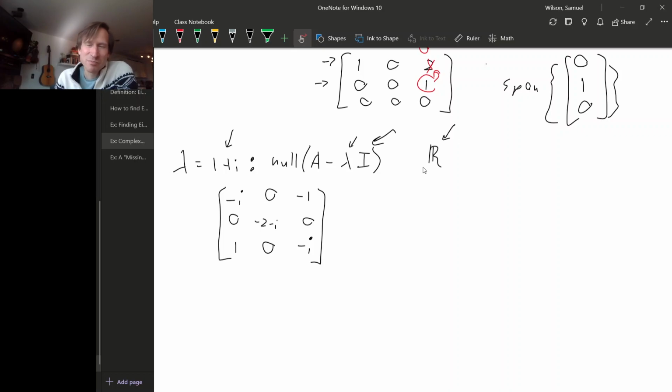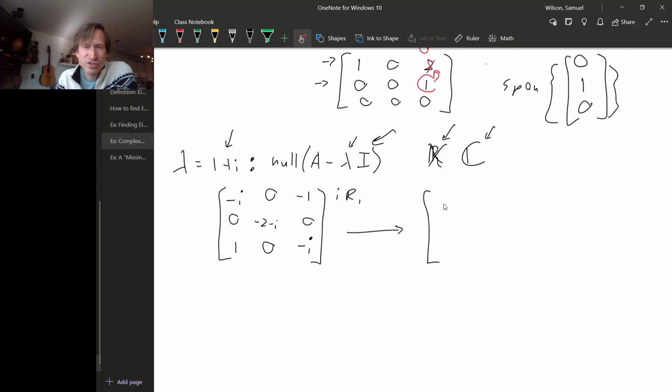But the entries in this matrix aren't coming from the real numbers. They're coming from the complex numbers, which usually mathematicians write this way. So as we do this row reduction, we'll have to use coefficients that come from the complex numbers. So in particular, we could multiply this first row by i to make progress on our row reduction.